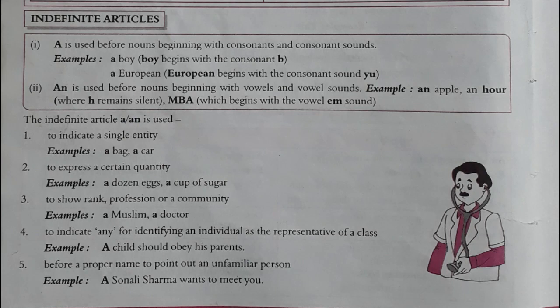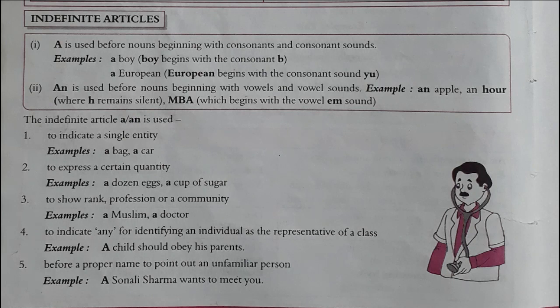So what do you find? The word apple begins with the letter A, which is a vowel letter. And if you try to listen to the sound that is being produced, it is also a vowel sound. But in the following word you see an hour. Are we saying an hour? Am I pronouncing the letter H over here?